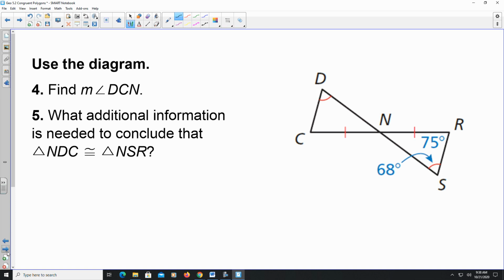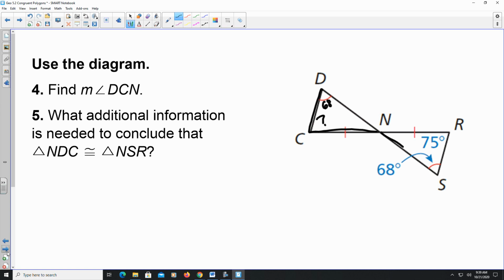Here we have a diagram to our right. First they want you to find angle DCN, which is this angle right here. They're telling you that it has a hash mark with 68, so S and D are going to be the same.